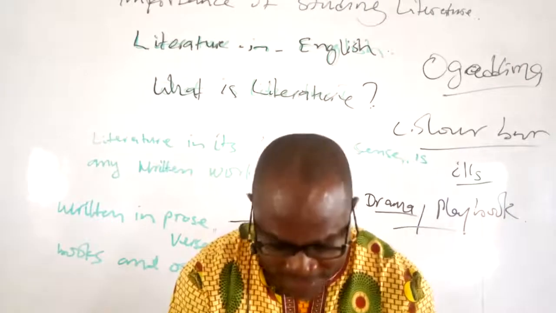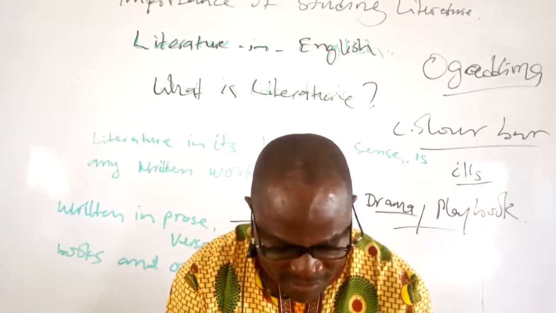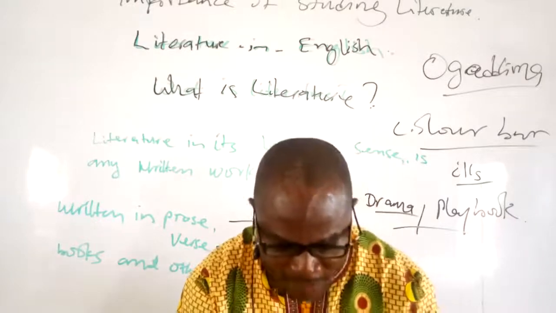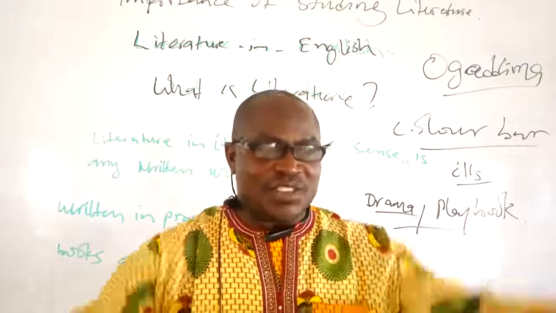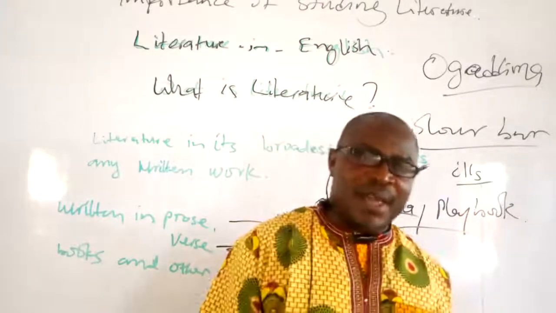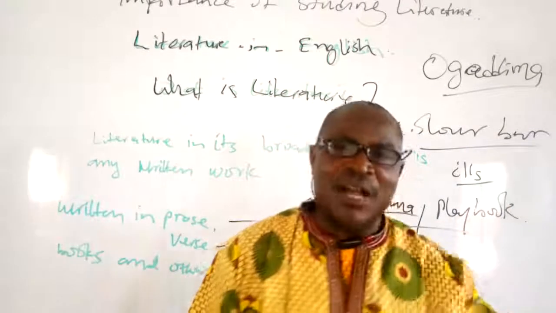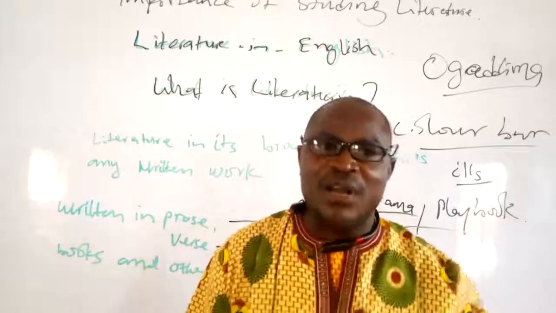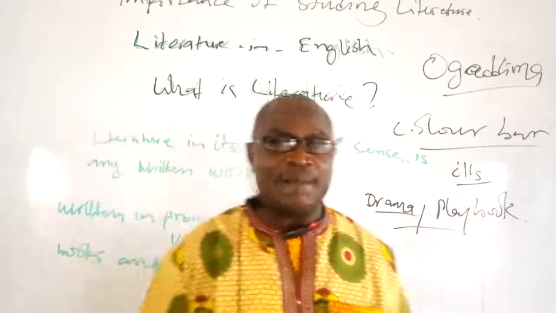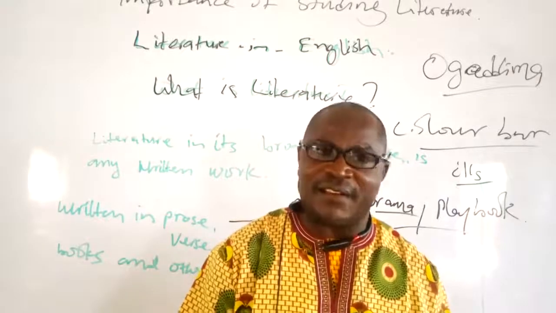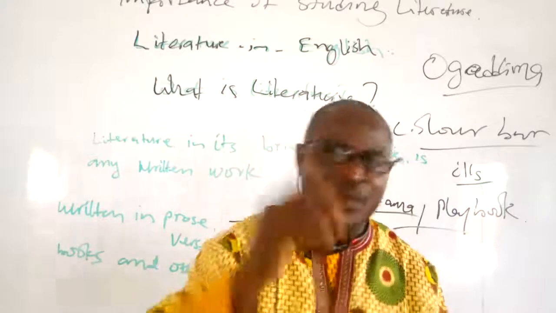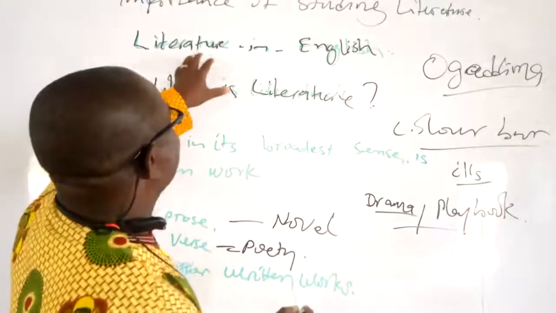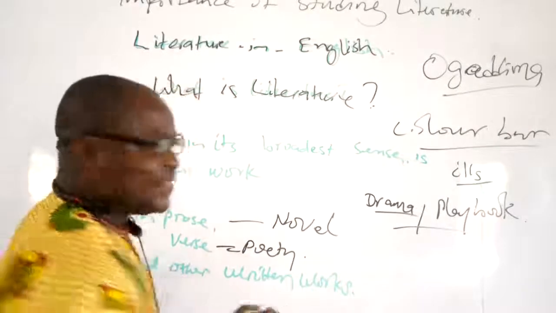It trains us to criticize situations and people. Most times, our judgment will be found very objective and sound. In fact, what is going on in the political arena, we can write literature about all those things. We can write literature about corruption. We can write literature about even these social ills in society like rape and so on. So these are some of the things that we want to learn under literature and its meaning and its importance.